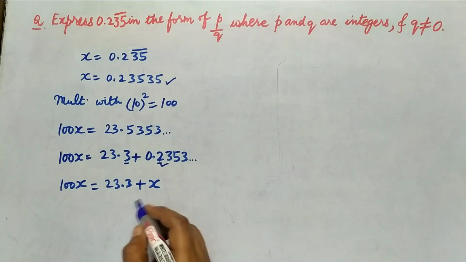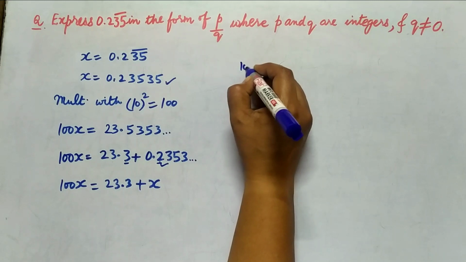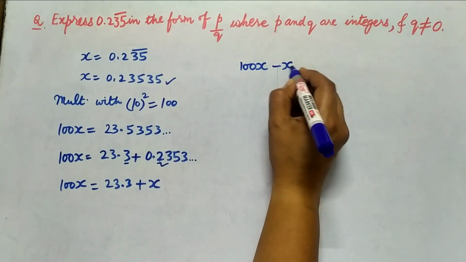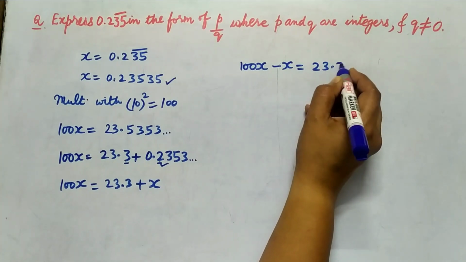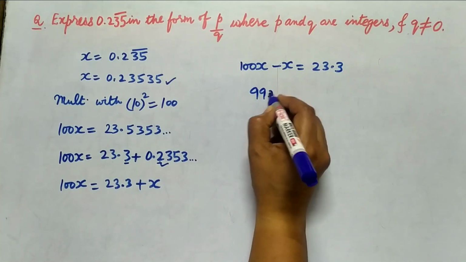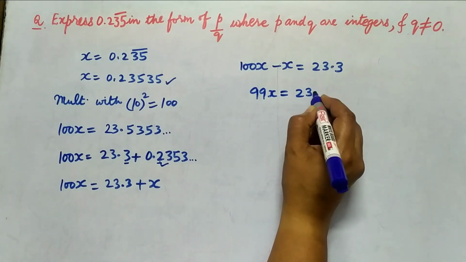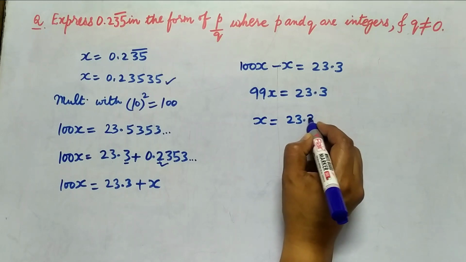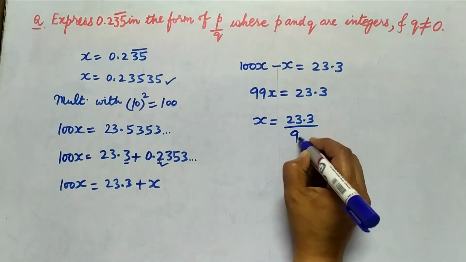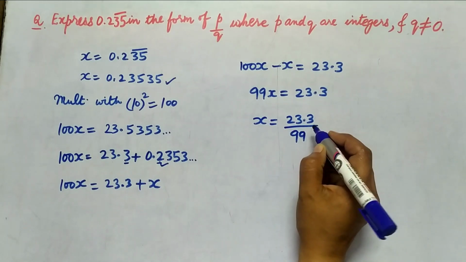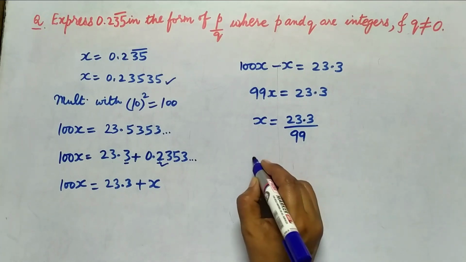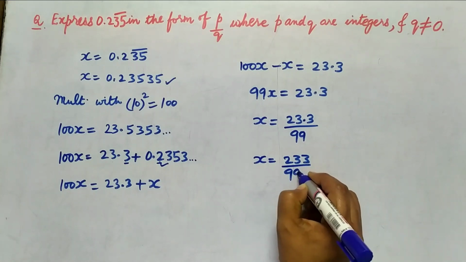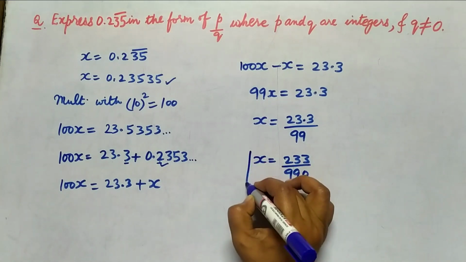The next calculation work is quite easy. 100x, and this x shifted to the left hand side, is equal to 23.3. It is 99x is equal to 23.3, or x will be 23.3 upon 99, and removing this decimal, x is 233 upon 990.